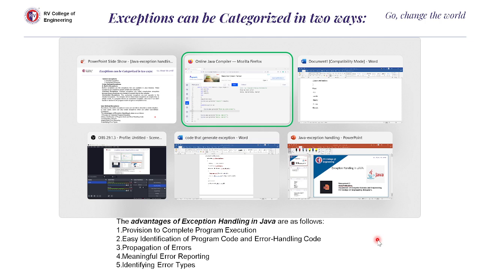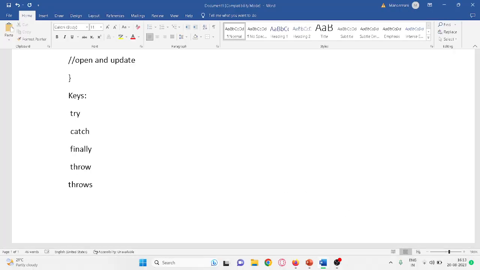For array index out of bound exception, suppose I'm declaring an integer array, int a. I am going to initialize a value. I have initialized the value 1. I have created the array and I have initialized it also.